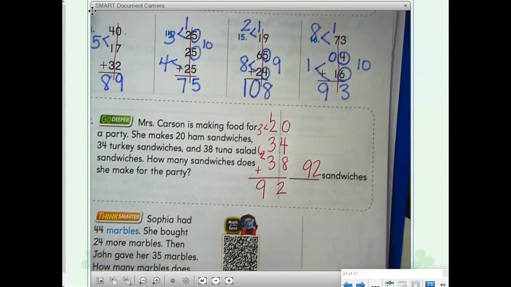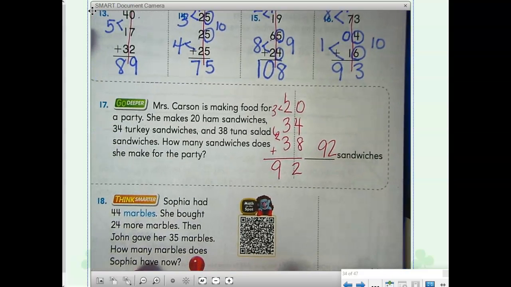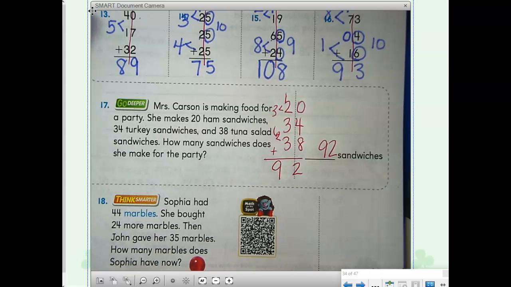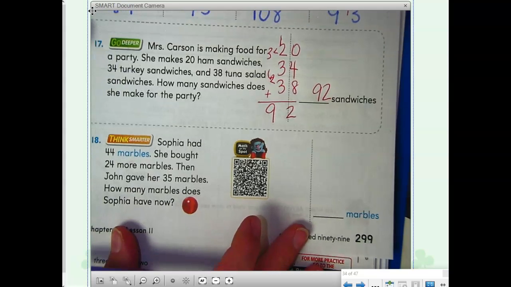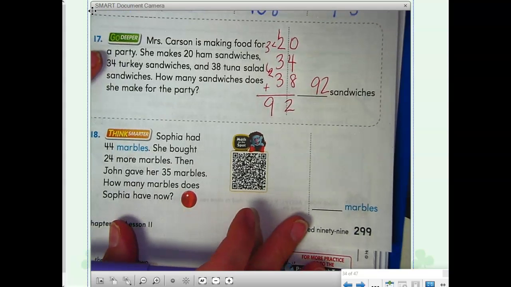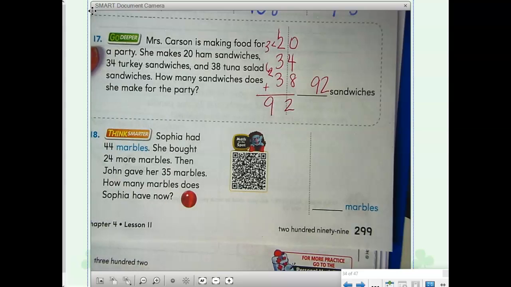All right, now moving up, we did the Go Deeper yesterday about Mrs. Carson and her sandwiches she made for the party. Right now, Sophia, I read this problem to you, and you are supposed to practice at home. Sophia had 44 marbles. She bought 24 more marbles.